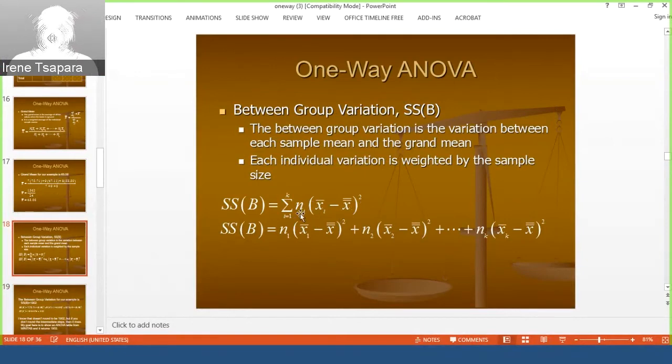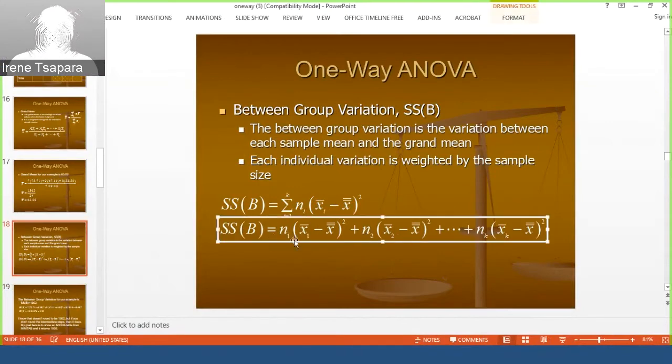You multiply that by the sample size for each one of the samples, and then you sum all of those. So if you look at the formula right here, basically you will have 7 times the mean of the first group minus 65.08, that is the grand mean, squared, plus 8 times the mean for the second group, for the middle group, minus 65.08 squared, and so on. And this is how you calculate the group variation, the SSB.